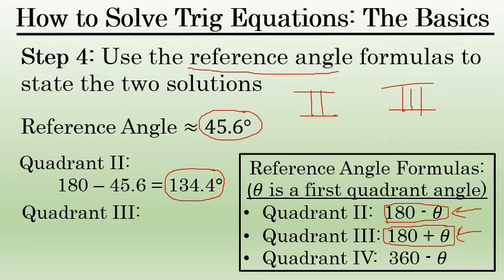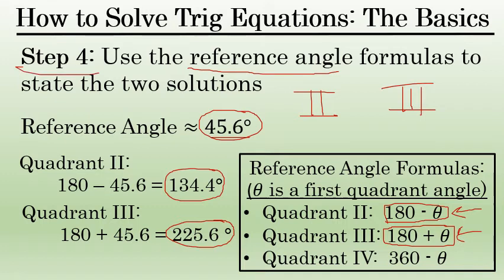The quadrant 3 solution will come from 180 plus the reference angle of 45.6, and that sum is 225.6 degrees. That's the other solution to the original equation. So we have our two solutions. We're done with step 4. The two solutions are 134.4 degrees and 225.6 degrees.